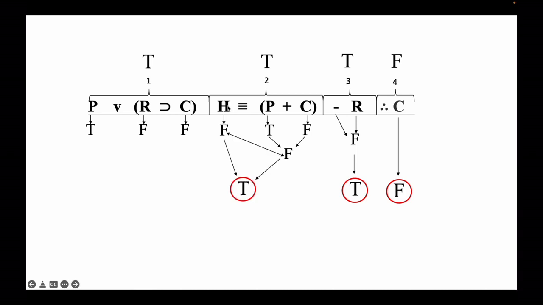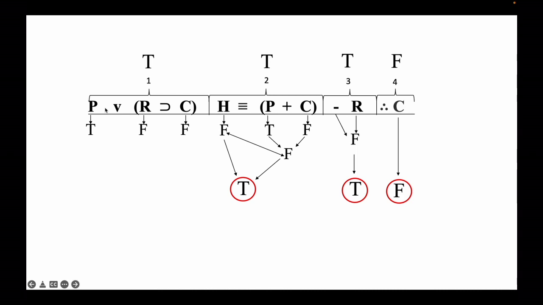And it doesn't change the fact that premise 2 is true, because we have false here and a false H, and when a double conditional has both terms with the same truth value, it renders the statement true.